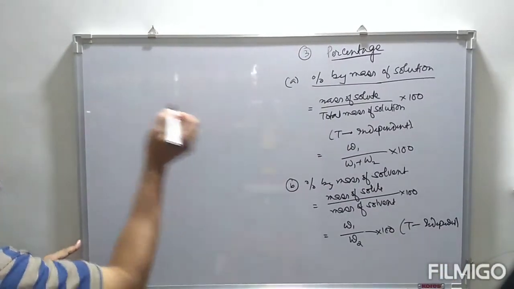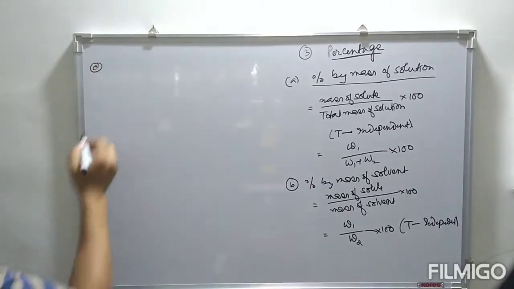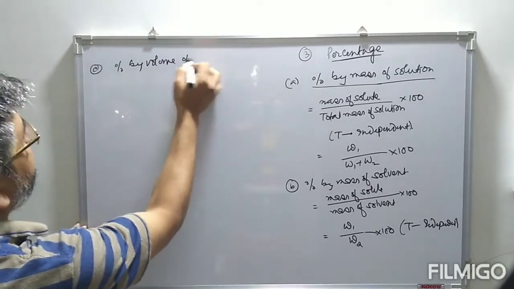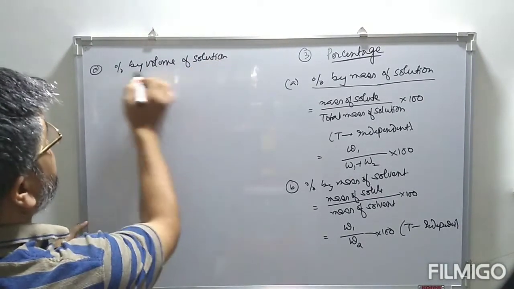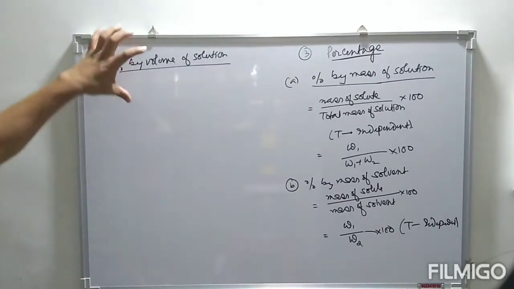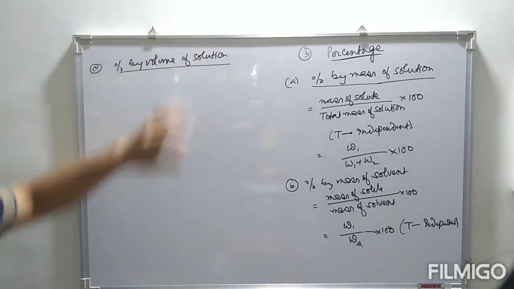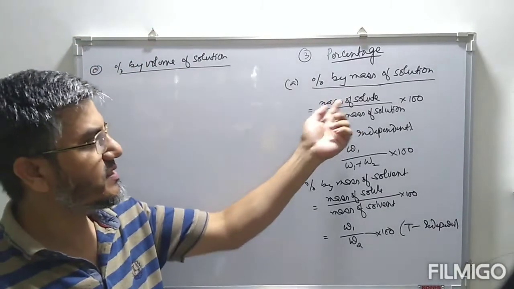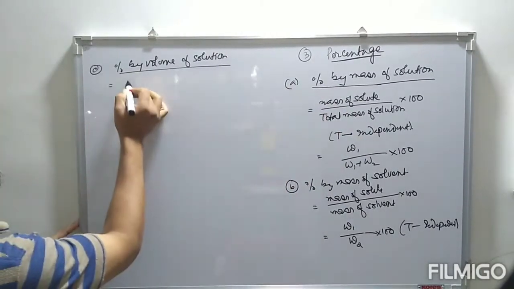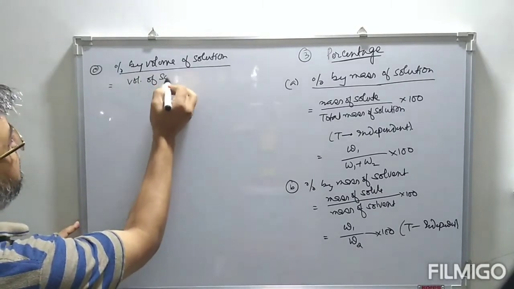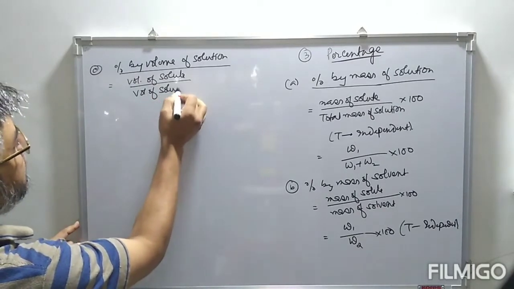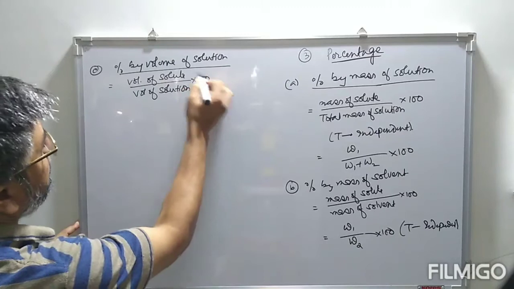Next method for defining percentage is percentage by volume of solution. So percentage by volume of solution is the same as that of mass, except that instead of mass we have to take volume. So this is volume of solute divided by volume of solution into 100.